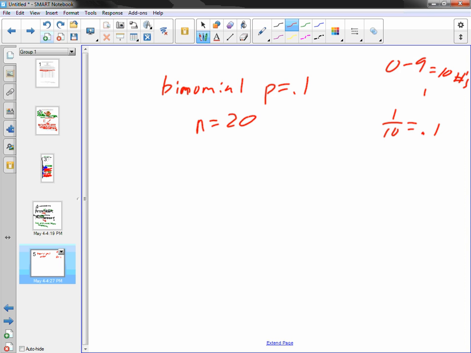The reason why is because there are 20 integers in each one of the simulations that she's doing. The 100 is the number of simulations, right? It's the number of times that she ran this distribution, a distribution with 20 values and an expected value of 2 in each one of them, but the probability is 0.1.